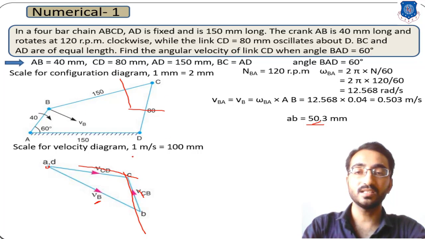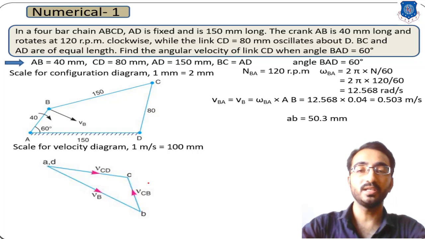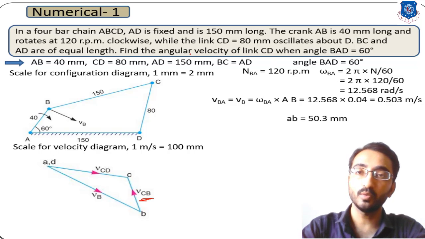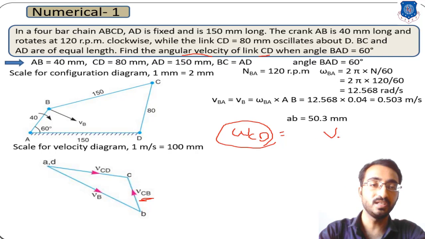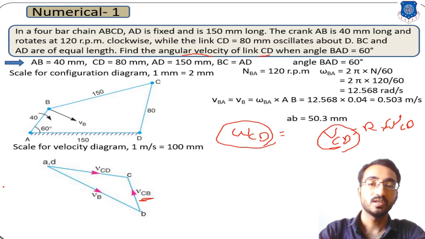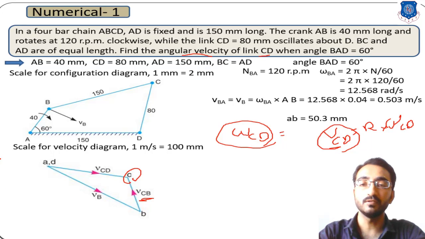Now after getting this diagram, you simply have to measure this value. In this numerical we have to calculate the angular velocity of link CD, that is omega CD. To calculate omega CD, we simply use the relation V of CD is equal to R into omega of CD. So first we need the velocity of CD, that is the velocity of point C with reference to point D. How can we measure it?